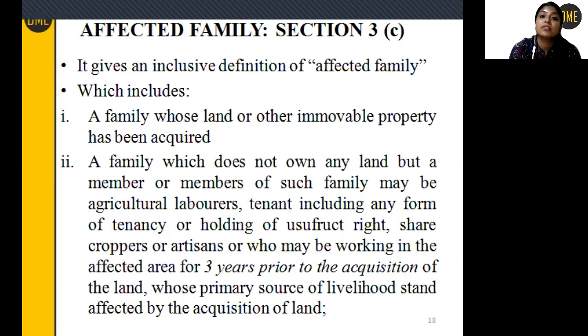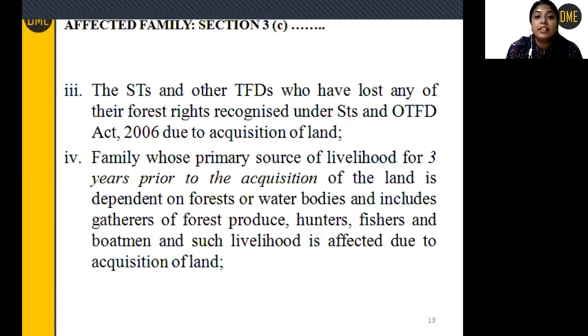So those who are working as tenants, artisans, laborers on that land which is going to be acquired 3 years prior to such acquisition, and were dependent on such land for earning their livelihood. Thirdly, affected family covers the scheduled tribes and other traditional forest dwellers who have lost any of their forest rights recognized under the Scheduled Tribes and Other Traditional Forest Dwellers Act 2006 due to acquisition of land.